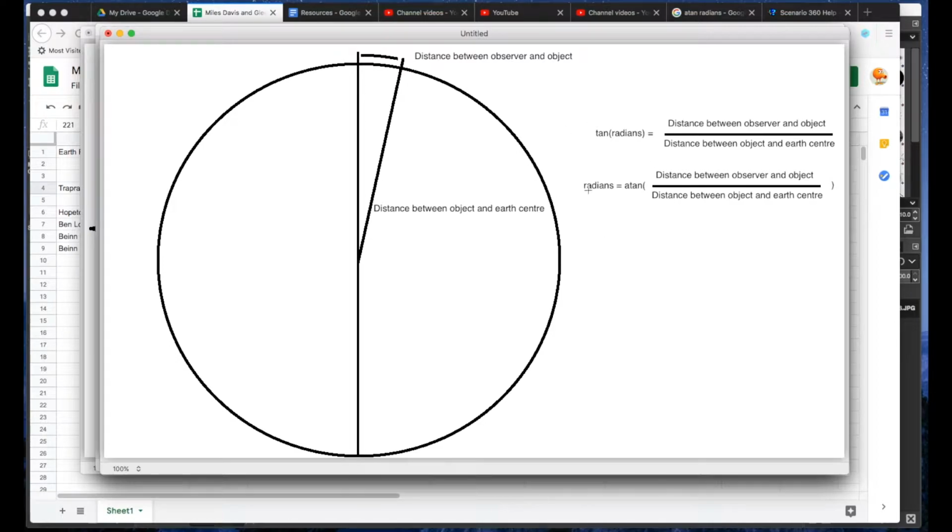If I turn that around, then the radians should be the arctangent of the distance between the observer and the object divided by the distance between the object and the center of the Earth. And then from there, I just converted radians back to degrees.